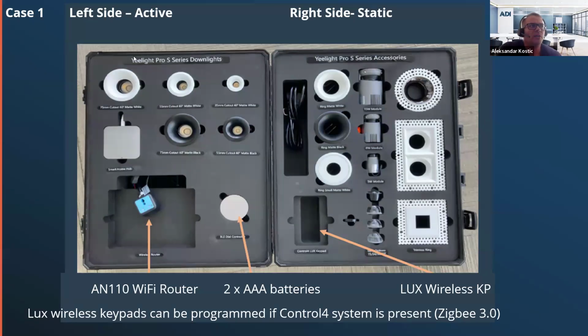On the suitcase itself, in the top left corner, you have a connection for the power supply and for the network connection, RJ45. When you power up the suitcase, all of the lights, including the gateway, are already wired inside, so they get power right away.